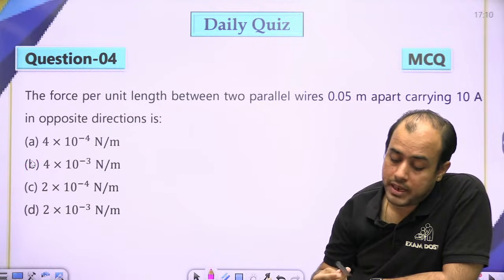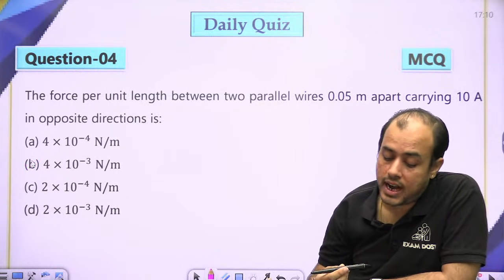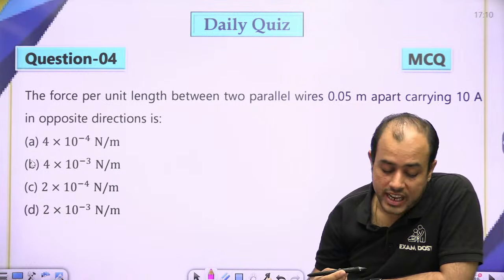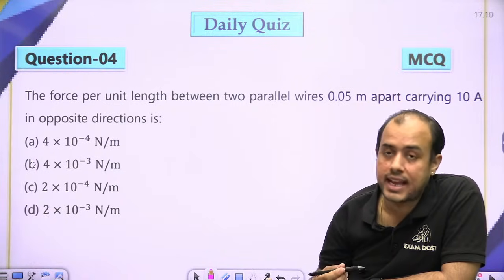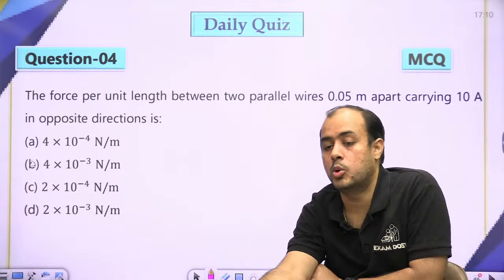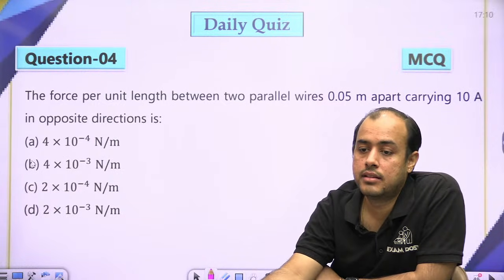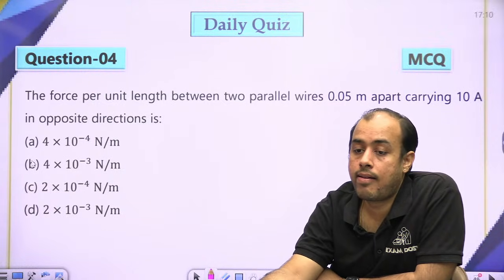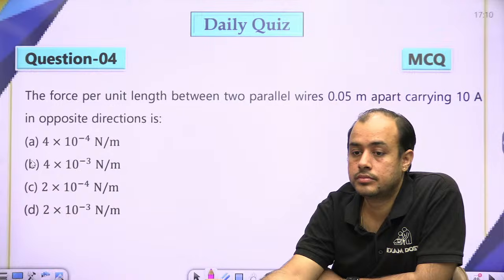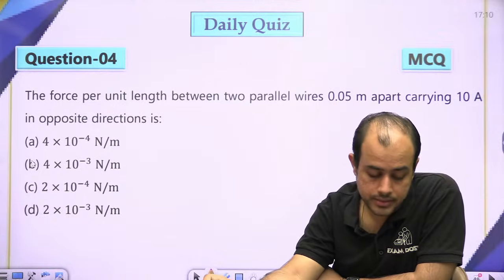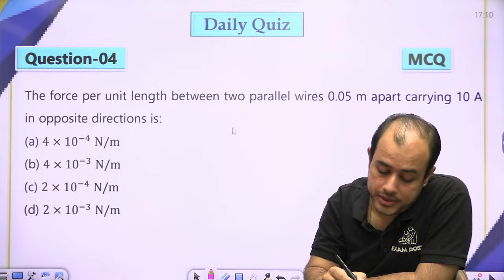Next, the force per unit length between two wires 0.05 meter apart carrying 10 ampere current in the opposite direction. बताओ भाई, what is the force per unit length?